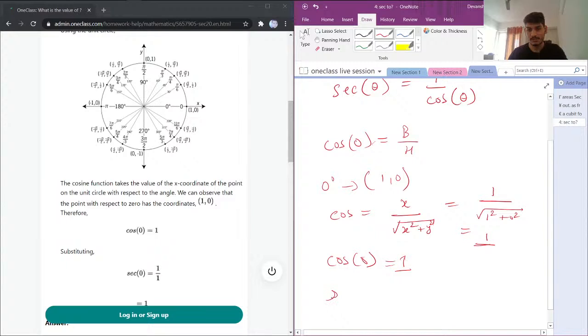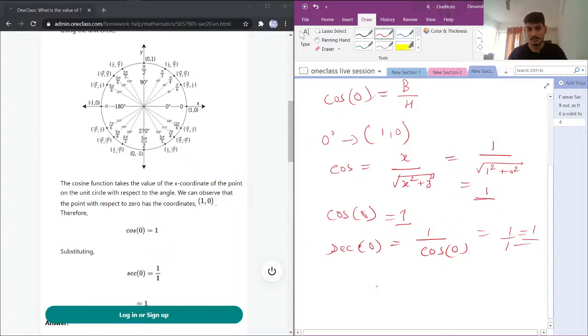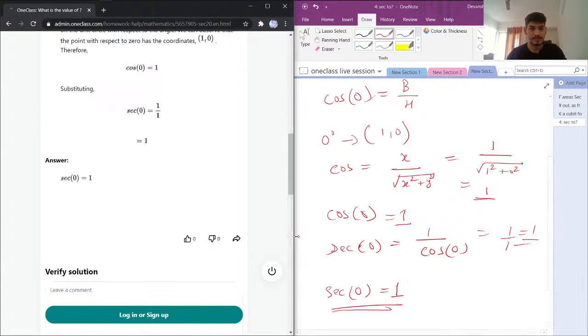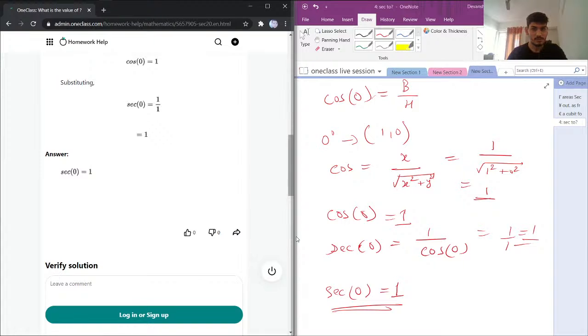To find secant of 0, we'll just divide 1 by cosine of 0, 1 by 1, which is equal to 1. Hence secant of 0 is equal to 1.